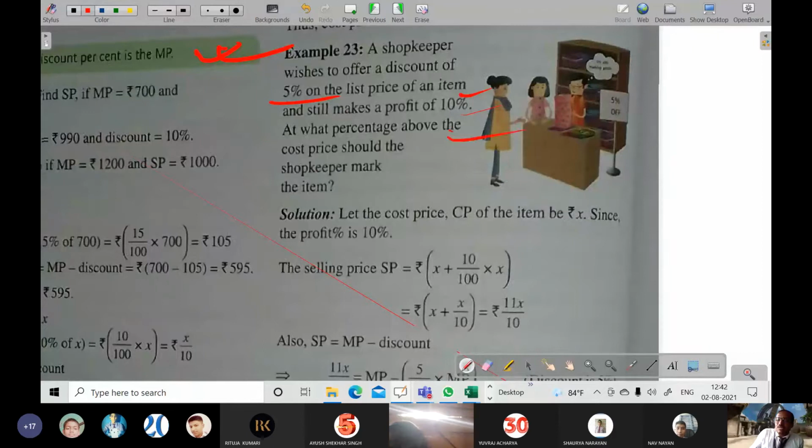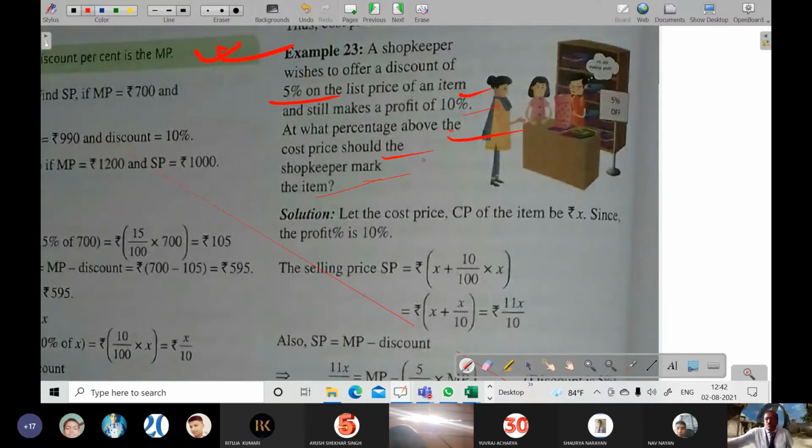At what percentage above the cost price should the shopkeeper mark the item? Then you have to see how much percentage more he had kept the MP, so that after giving 5% discount also he is getting 10% profit.